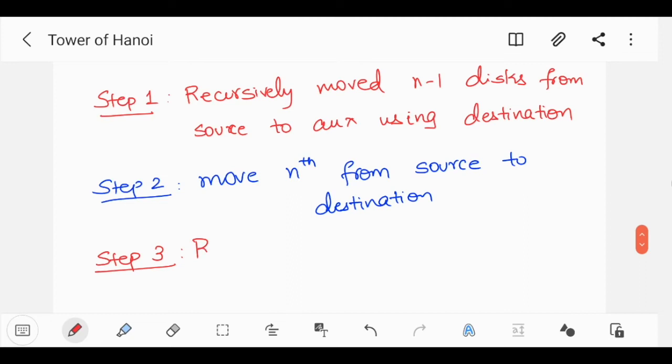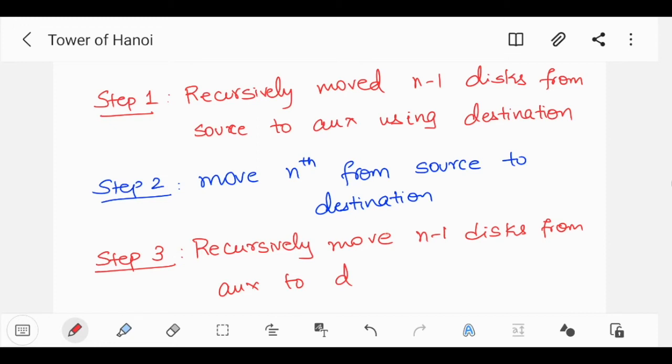I say the last step is to recursively move n minus 1 disk from the auxiliary to destination using the source, because that was the one which was empty and it kind of held those intermediate steps, right? So this is kind of the recursive definition.